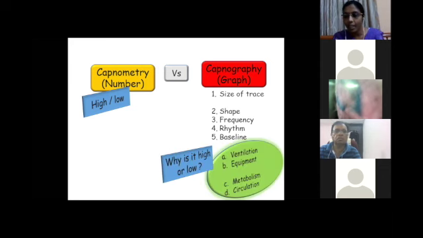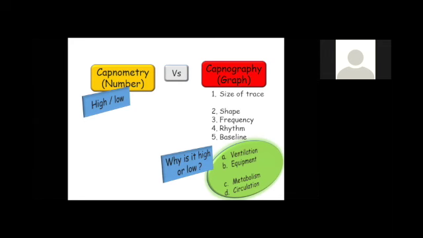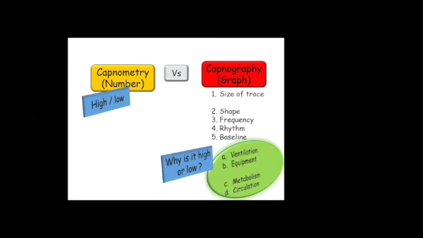So we can identify why it is high or low. Is it related to ventilation? Is it related to equipment? Is it related to metabolism and circulation? We can get a clue if we view the capnography trace along with the temperature, blood pressure, and other vital signs.